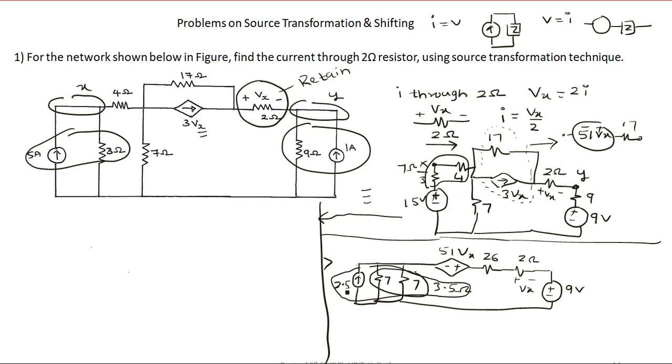Yeah, 2.5. No, I think it is 2.15, I guess. 2.15, sir. Okay, so this is 2.15. 2.15 into 3.5 you have to do, so that you will get a voltage source.